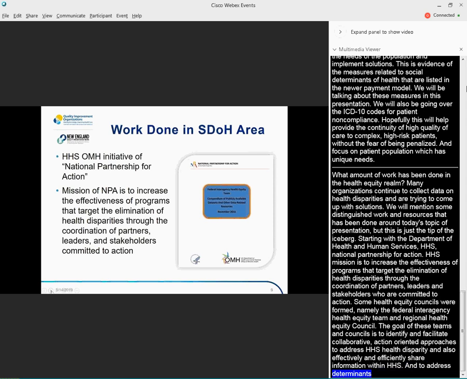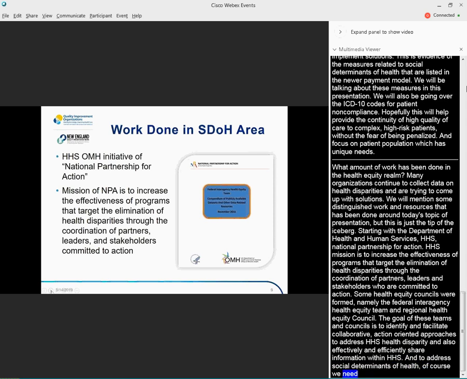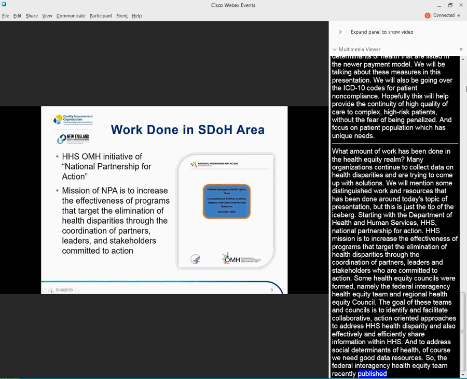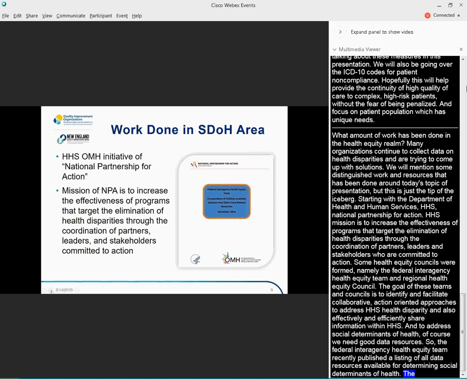So, the Federal Interagency Health Equity Team recently published a data compendium of all data resources available for addressing social determinants of health. The purpose of FIHET is to identify opportunities for collaboration, partnership, and action.